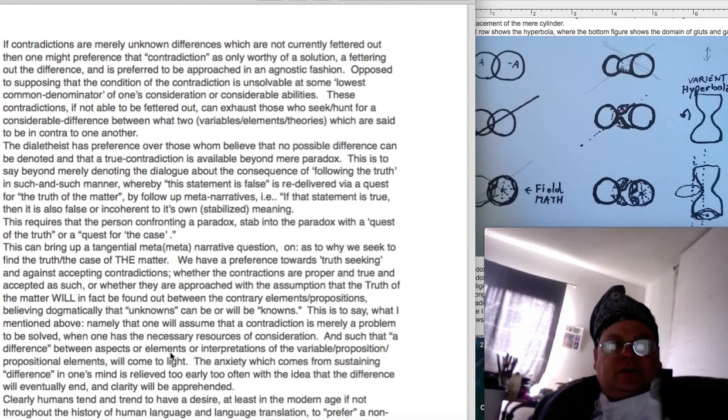The dialetheist has preference over those who believe that no possible difference can be denoted, and that true contradictions are available beyond mere paradox.